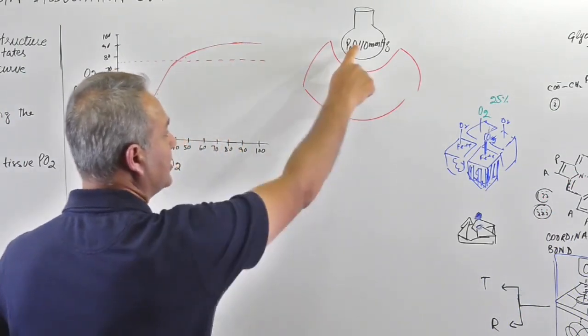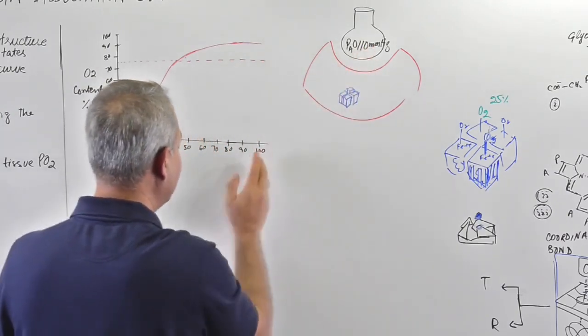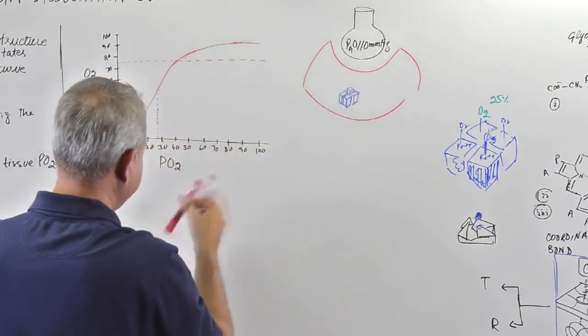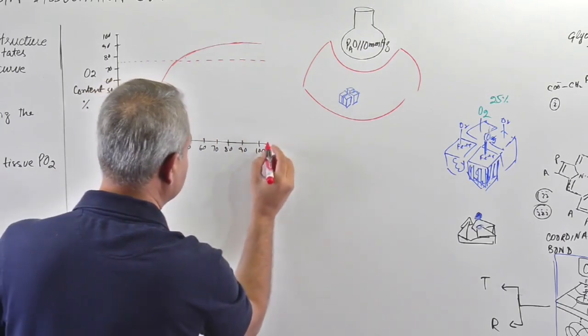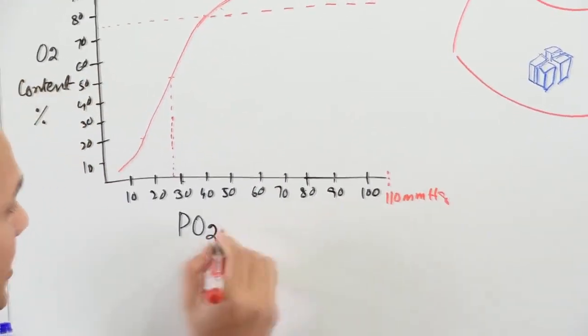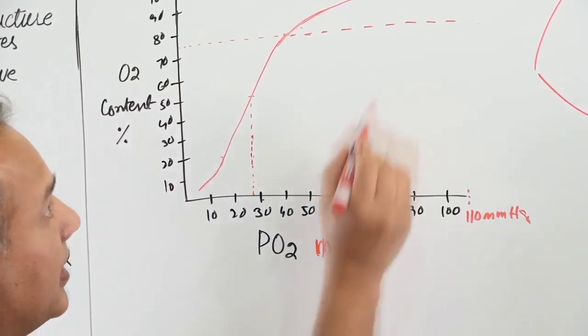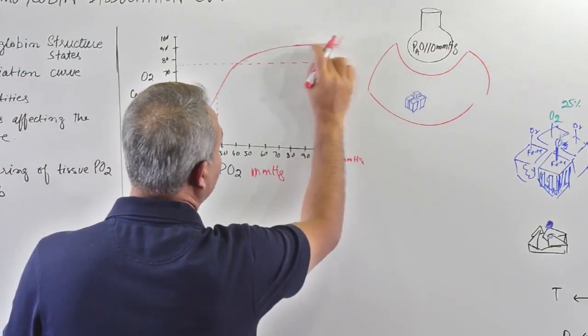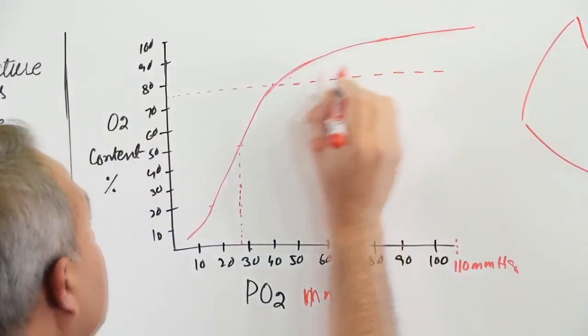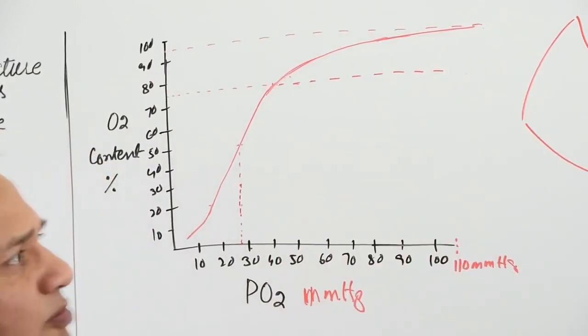What is the pressure here in this area? 110. When oxygen is under 110, somewhere over here, under this pressure, 110 millimeters of mercury, PO2, it is about 97% saturated. What does that mean?